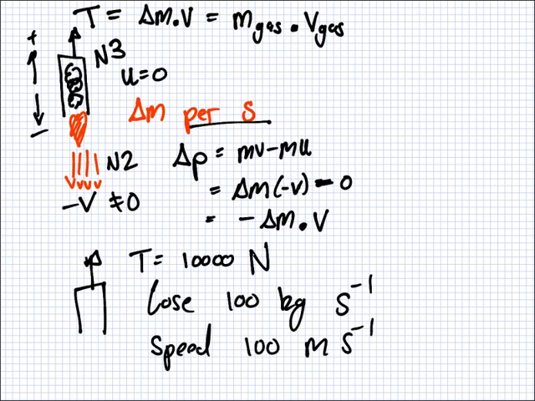The force upwards. So it's actually a very simple formula. Mass per second multiplied by the speed of the gas gives you what's called the thrust force. The change in mass, or the rate at which you're losing mass. If you want, you can call it delta M.